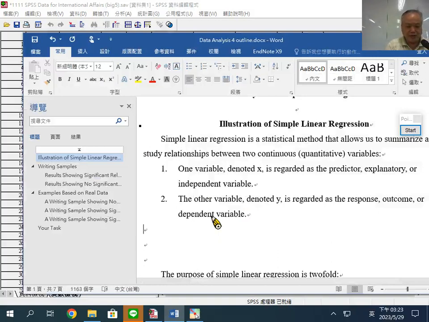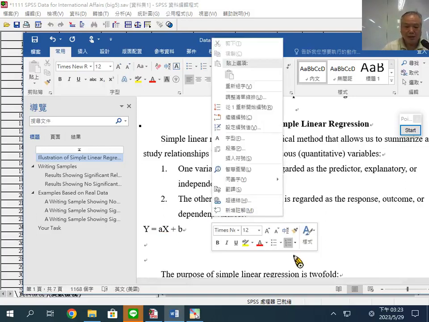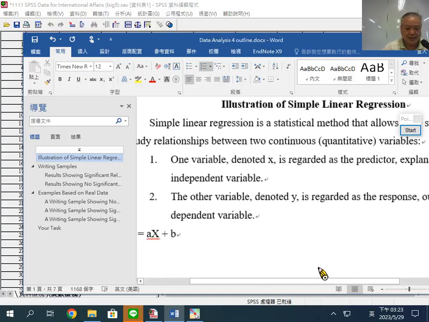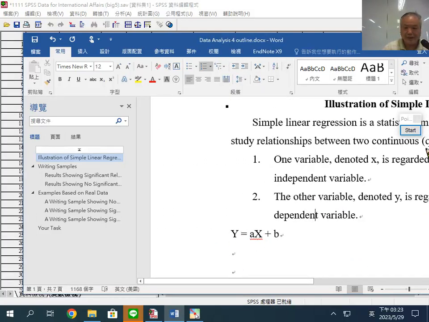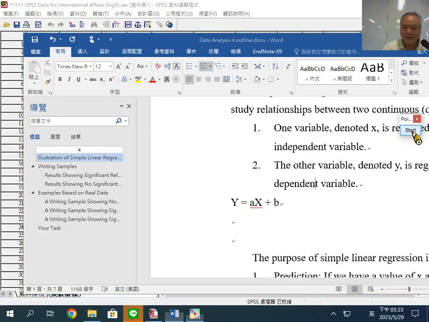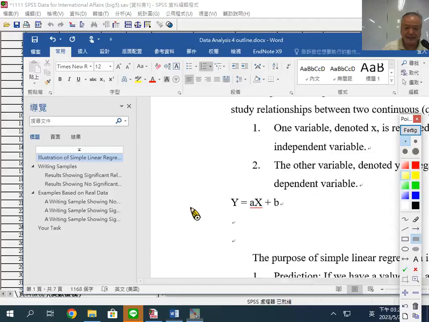Basically, we are trying to do this. We have y equal to ax plus b. So the thing we talk about here is the formula. So this is a formula indicating the relationship between two variables, right? And this one, x, is called the independent variable.